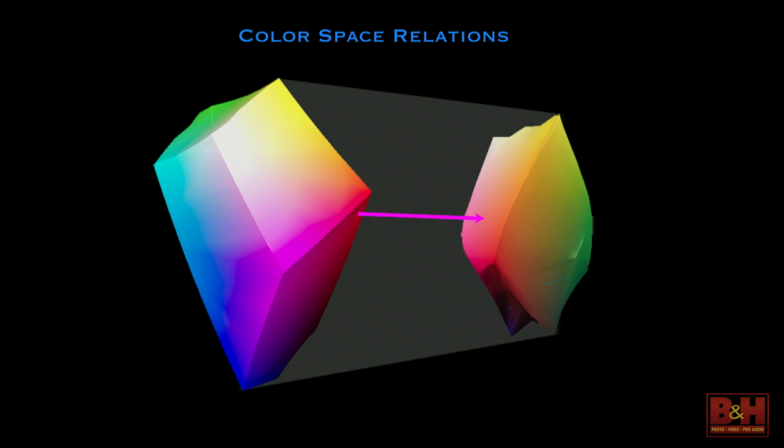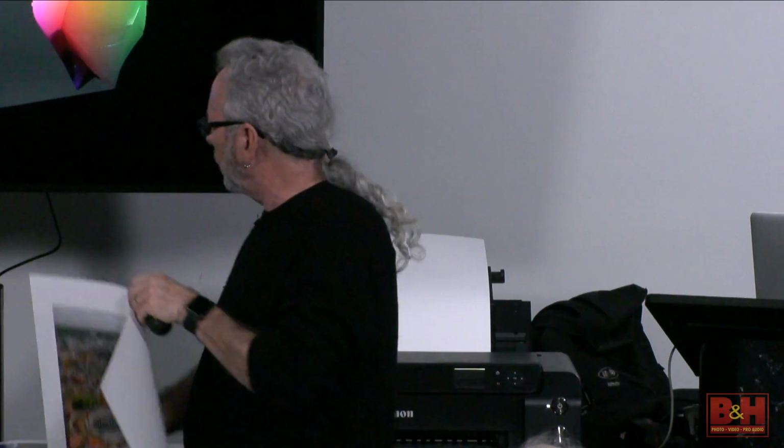So what gives us great color like I've got here? How can I be sure that this color is going to be the same as what I'm looking at on my screen? If the color gamut of my image file is bigger than the color gamut of this printer, how does that work? It all has to do with something called an ICC profile.